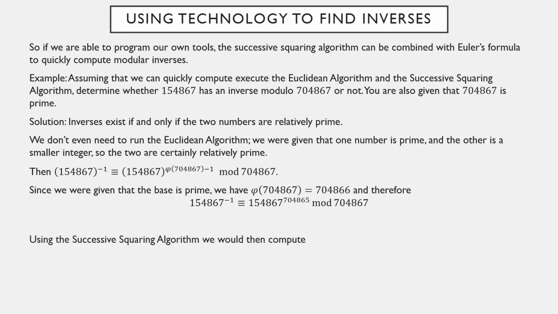Using the successive squaring algorithm, which we've assumed we can execute quickly, 154,867 raised to the 704,865th power is equivalent to 366,791 modulo 704,867. So we have found the inverse. Okay? A number to the phi of the base minus 1 is a way to compute the inverse, and this is a convenient way to do it, assuming you have technological aids to run the successive squaring algorithm pretty quickly.